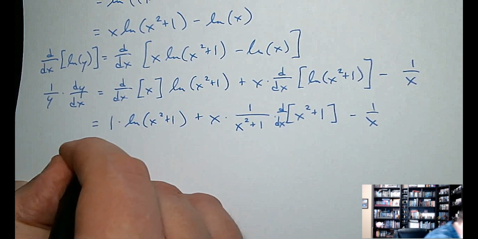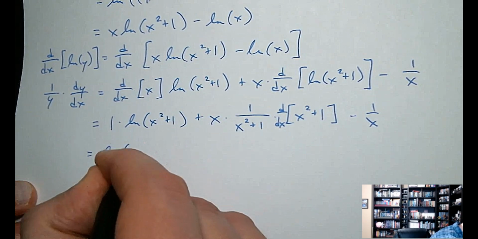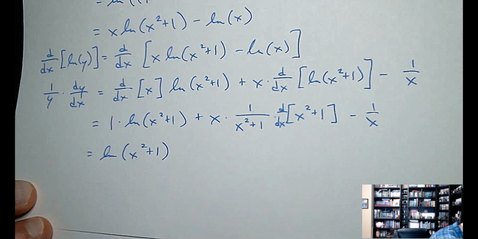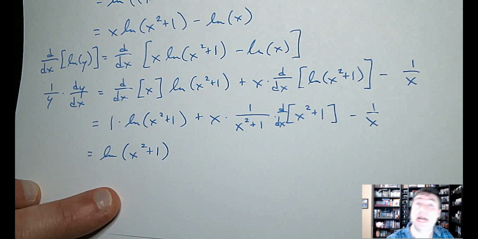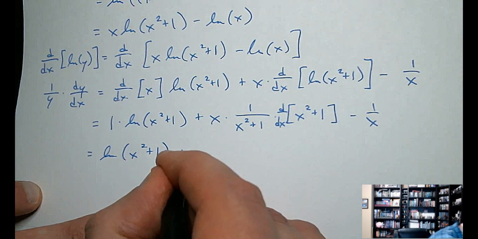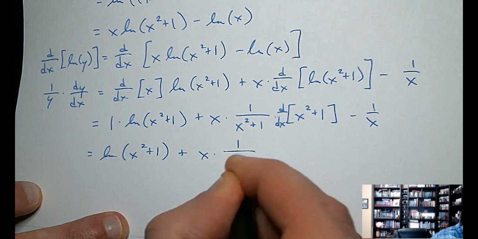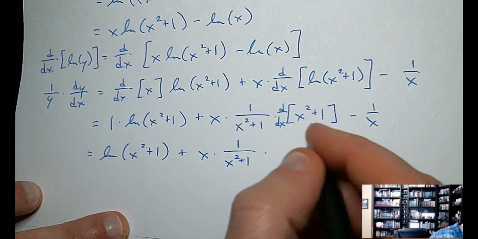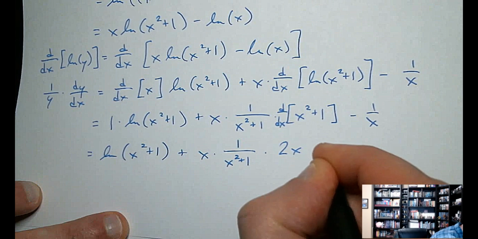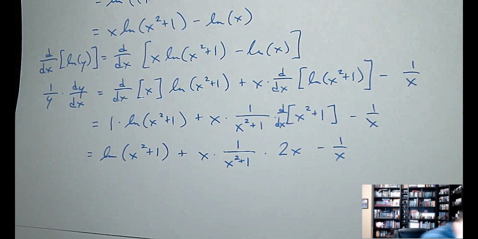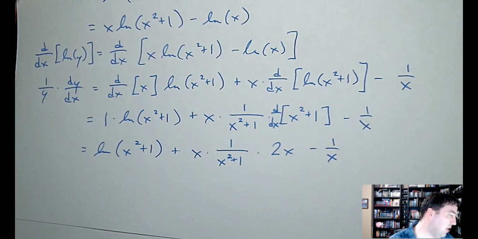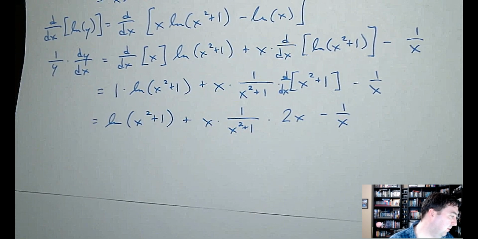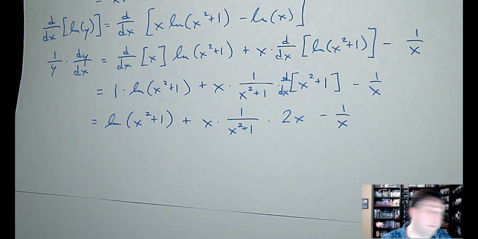So that's going to be, well, the product by 1 can go away because it doesn't really do anything. So we've got the natural log of (x squared plus 1), plus x times 1 over (x squared plus 1) times the derivative of x squared plus 1, which is 2 times x. And then still we subtract the 1 over x. And there's the calculus done.